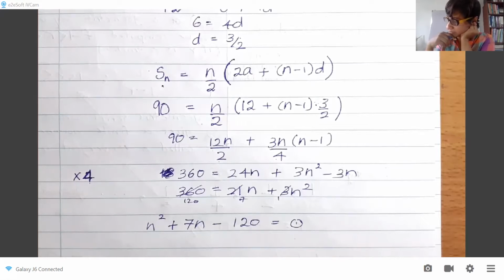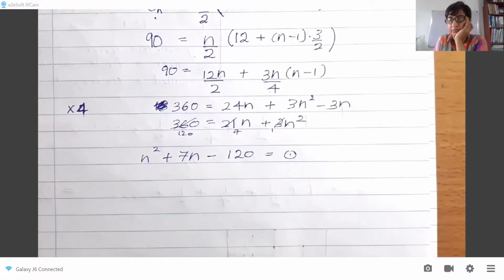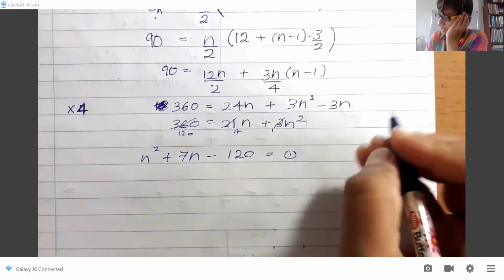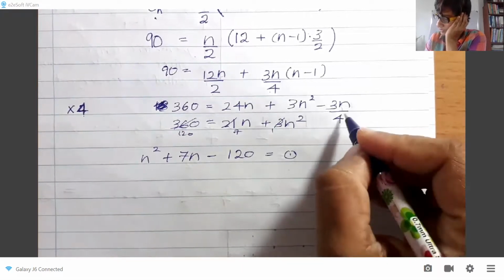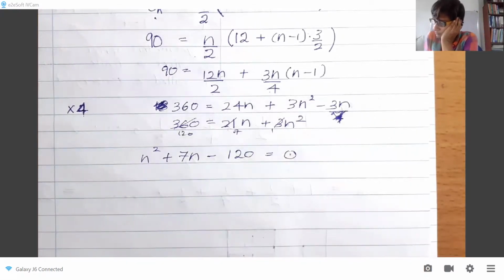Have I made a mistake? Is this what you get? Oh, there's a 4 here. Oops, I multiply by 4 now. I think it's right.